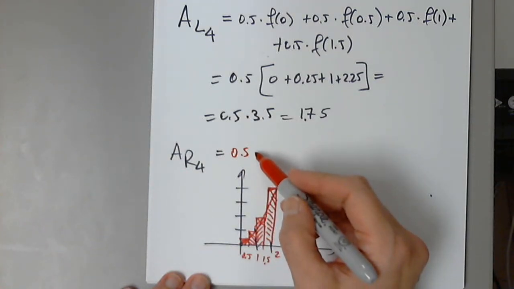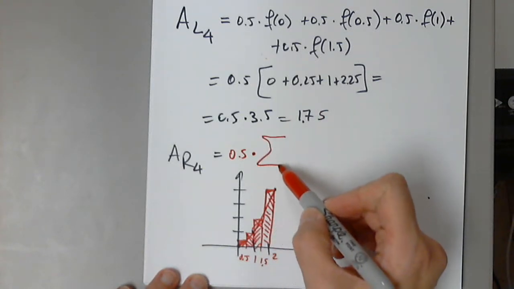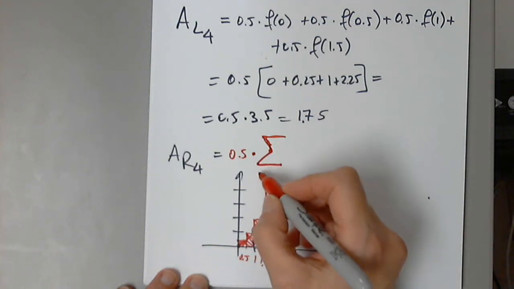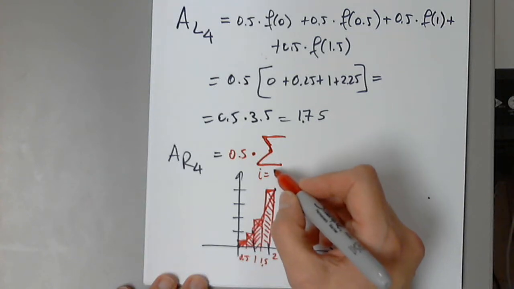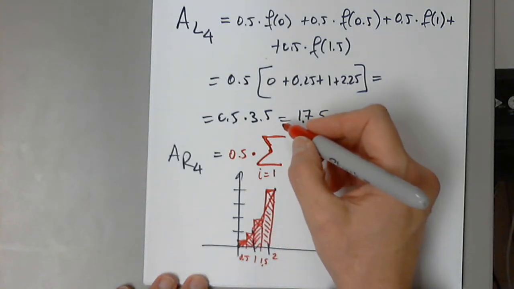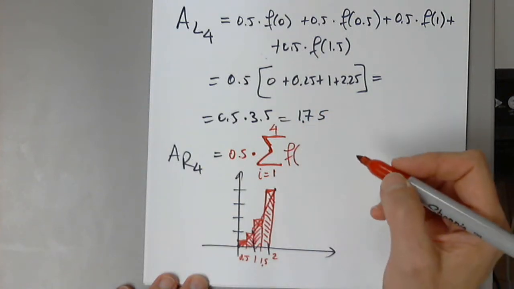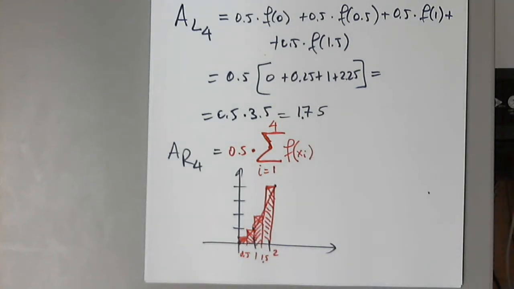0.5 times, I want to write something. From i equals 1 till how many subintervals? Good. From f of xi. When i is 1, how much is xi? f of 0.5.